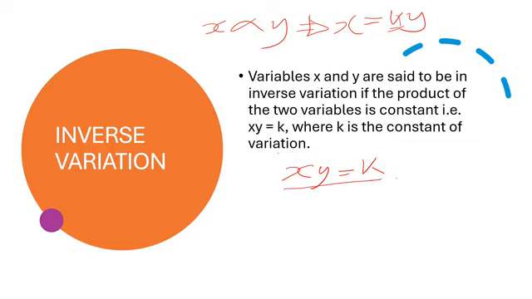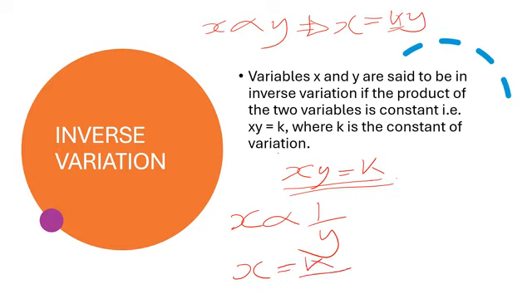For this case, x inversely varied is 1 over y. Then if you introduce an equal sign there, you introduce a constant k over y, and if you make k the subject of the formula, k is equal to xy.